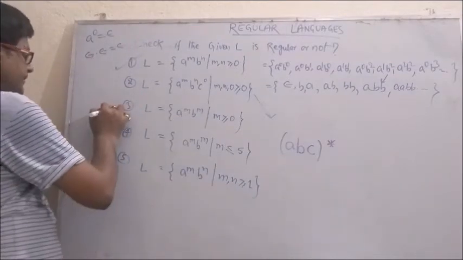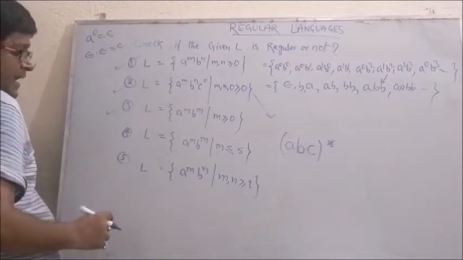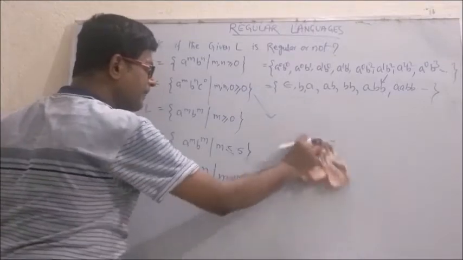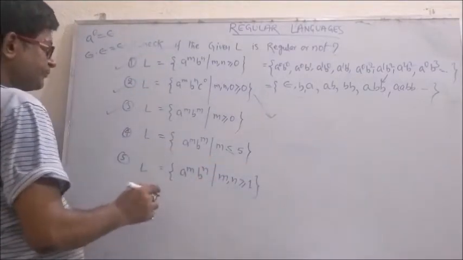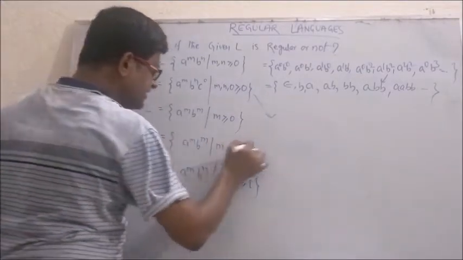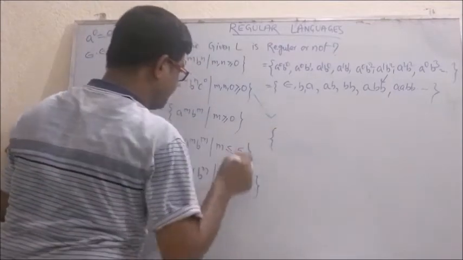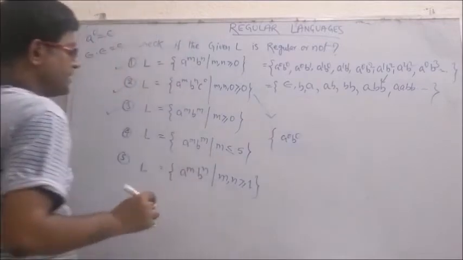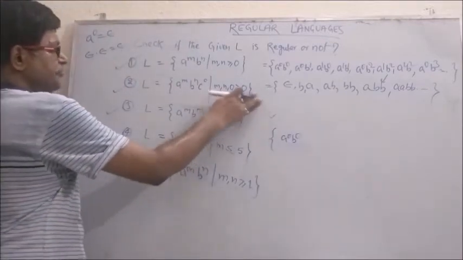But come to the third point. The first instance will be A0 B0. For the third one I am explaining, please remove this arrow.